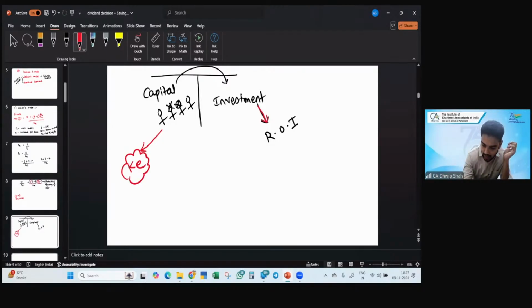Are you following this? Company raised capital from equity holders, invested in business, earned some return called return on investment, and from that return, the company will pay out the expectation of equity shareholders, their expectations being the cost to the company. Are you getting this? Till now, any queries?